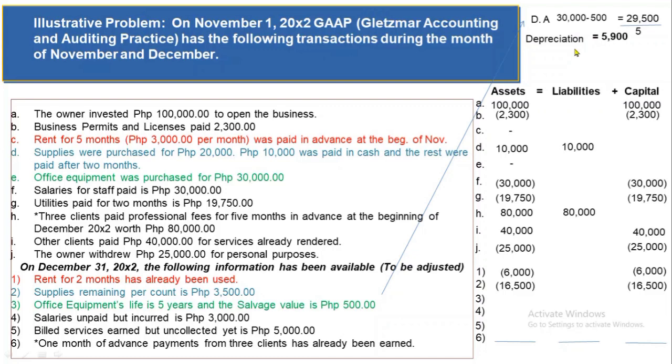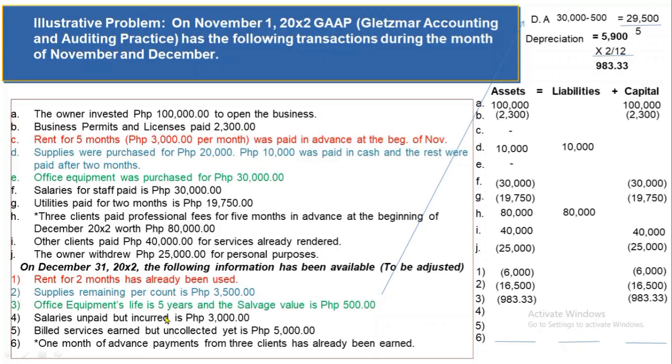But remember, we're only talking about 2 months, November and December. So you need to multiply this one with a fraction, which is 2 months over 12 months, and you will have 983.33. And since depreciation is a type of expense, the capital account will be decreased, and also the assets will also be decreased.